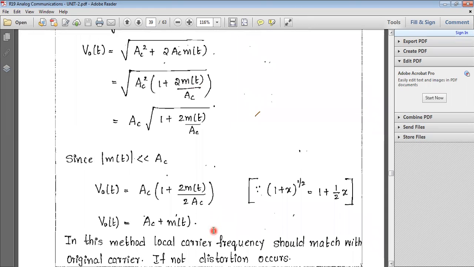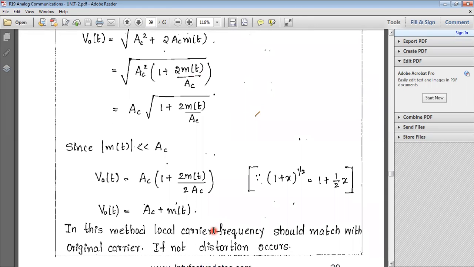Now, take the AC square out of the root. So therefore, it becomes AC root of 1 plus 2 m of t by AC.